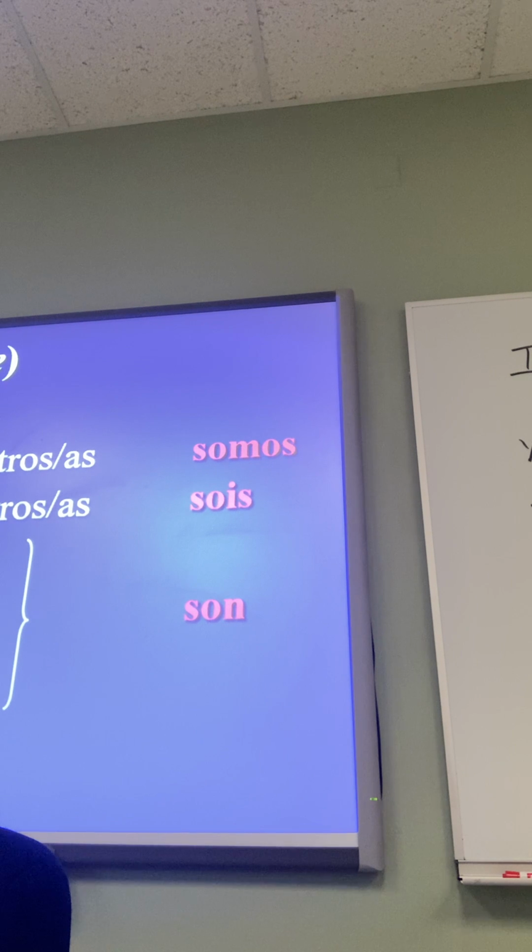We are, nosotros somos. If it's Faith and Maddie, it would be nosotras somos. If it's Ashton and Meredith, it would be nosotros, because the masculine form is the default form. I'll use this in the classroom, but trust me, outside of the classroom, I don't, even though I'm teaching it and having you learn it.